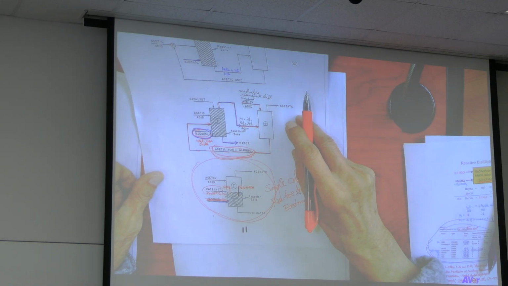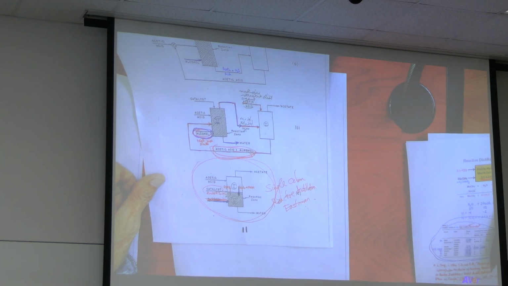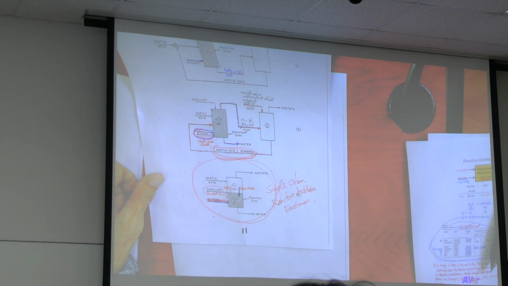Tell me what you feel. Creativity. Any comment, any feedback?